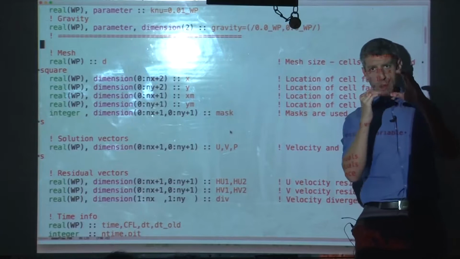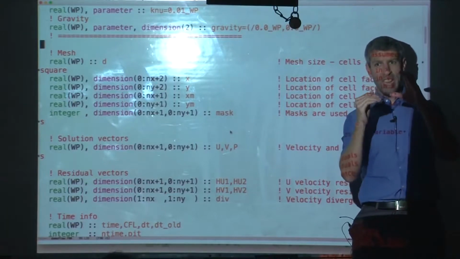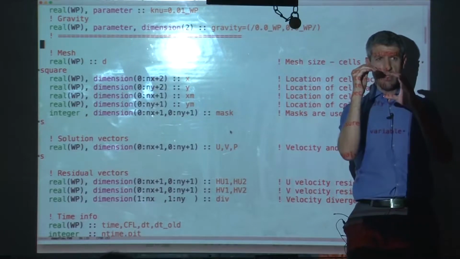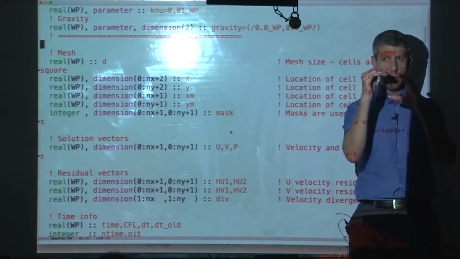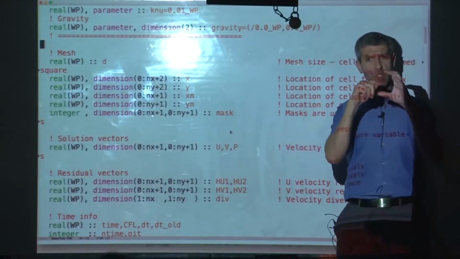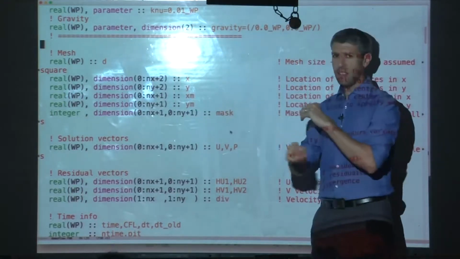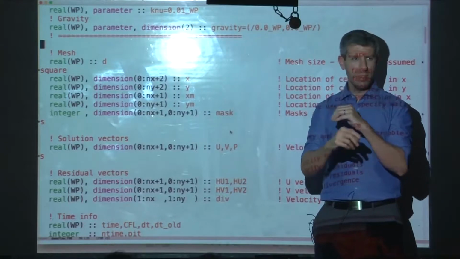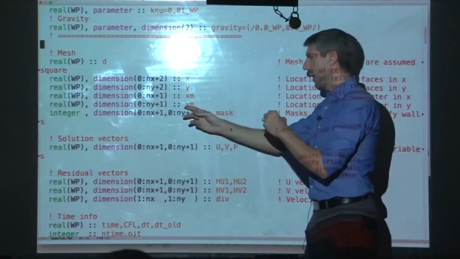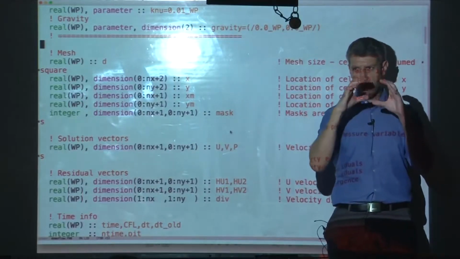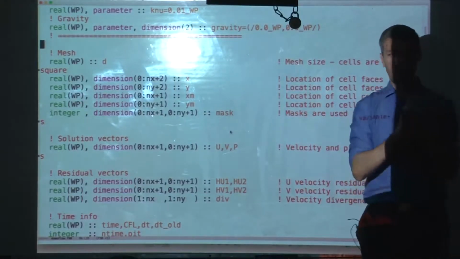It will be bounded at the bottom by location y sub j, and at the top by location y sub j plus 1. Okay? The location of the centroid of the cell will be stored at location xm sub i, for x middle, and ym sub j will be the height of the centroid of the cell, y middle.